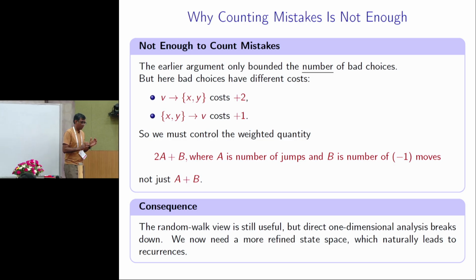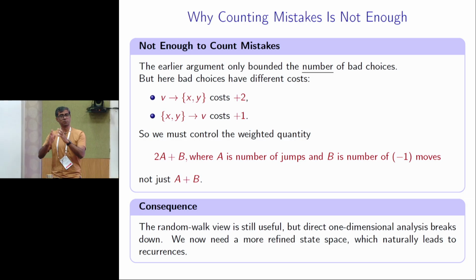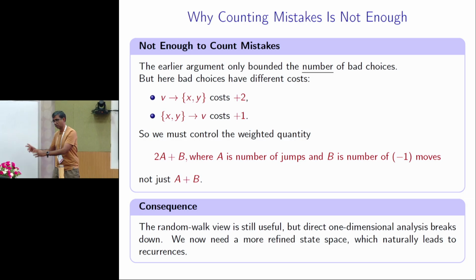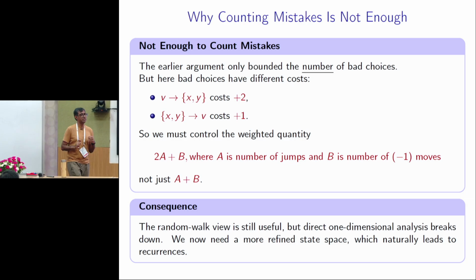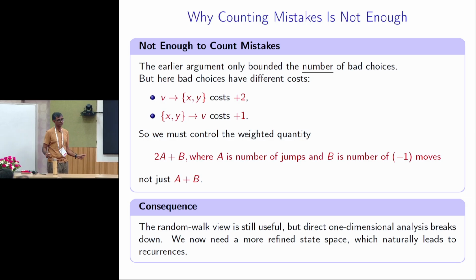Before, just knowing the number of bad moves was good enough for me to analyze an algorithm, but now I not only need to know the number of bad moves, but also how each bad move affects my error calculation, and I need to keep track of those too. So now you see the difficulty. As you analyze more and more complex algorithms, you need to keep track of more and more complex things during your algorithm.